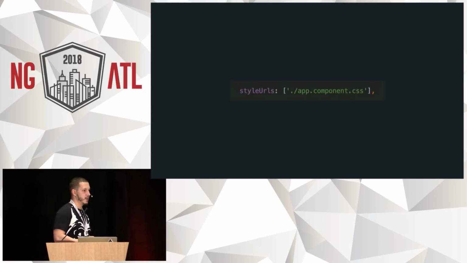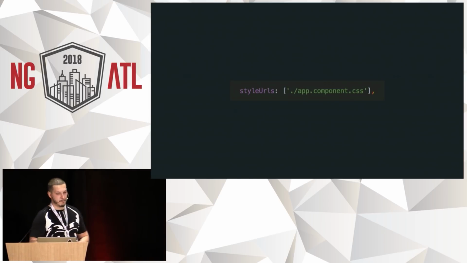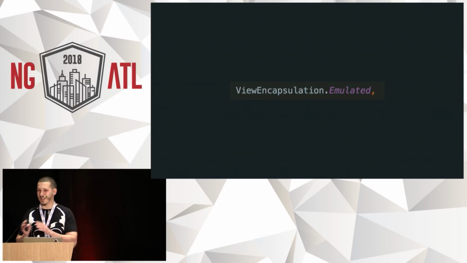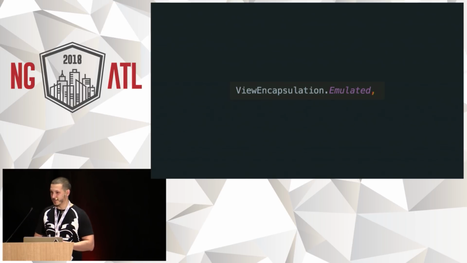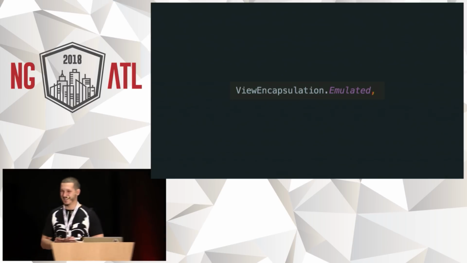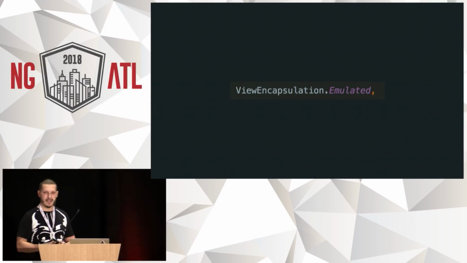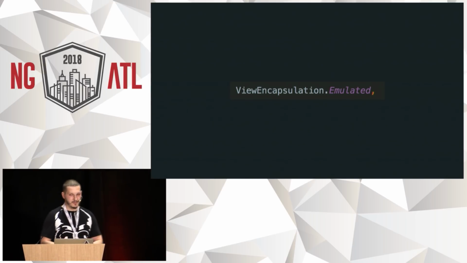But as soon as you have styleUrls linked to a file, even if it's empty, Angular will help you and will enable the emulated version of view encapsulation. It's so nice. For an empty file, it enables another mode to emulate encapsulation of an empty file. But without it, it will not work, of course.